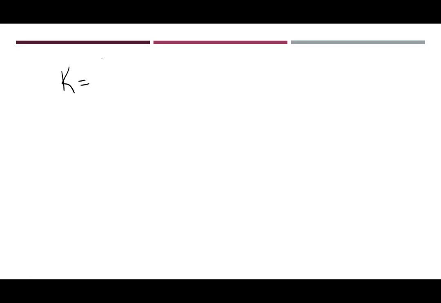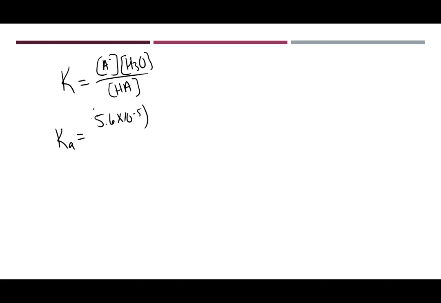So Ka is concentration of our products over concentration of our reactants. So Ka is going to be 5.6 times 10 to the negative fifth times 5.6 times 10 to the negative fifth divided by equilibrium concentration of 0.0999.